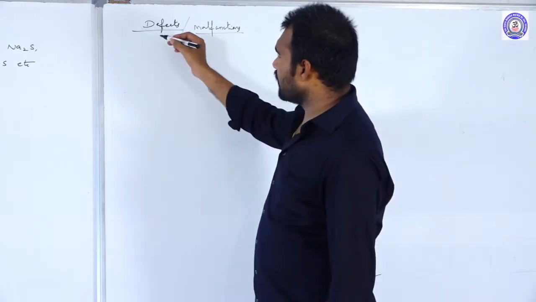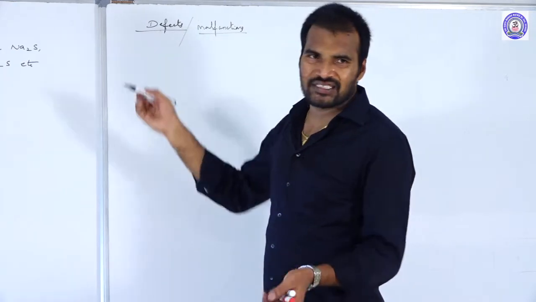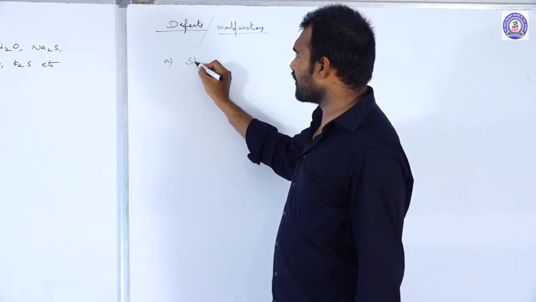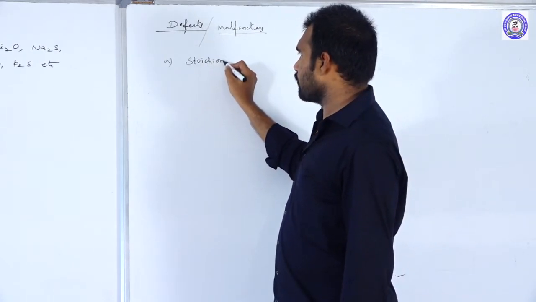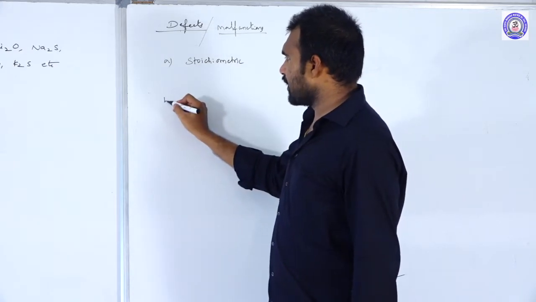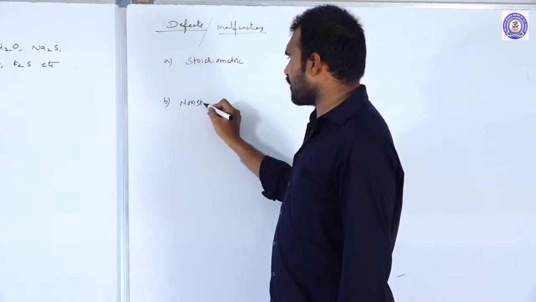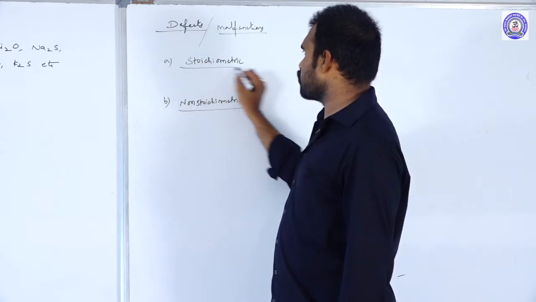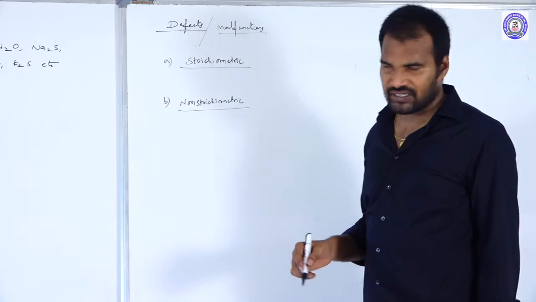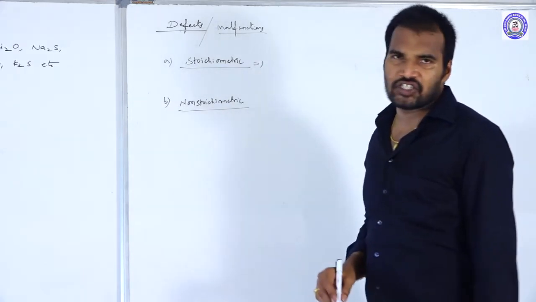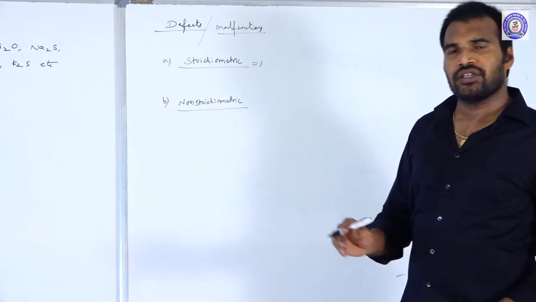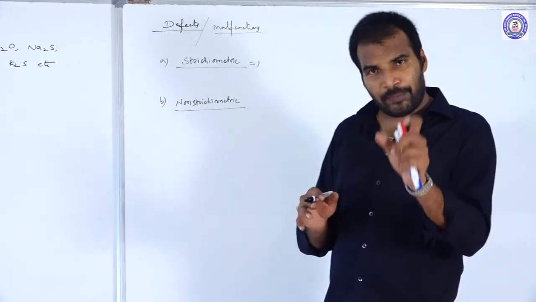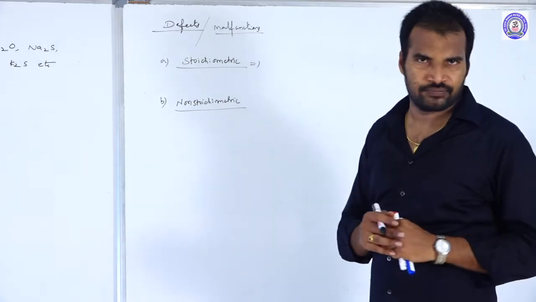And primarily we classify the defects into two types. One is stoichiometric defects and the second one is non-stoichiometric defects. What are these stoichiometric defects? These are the defects which maintain the same stoichiometry.